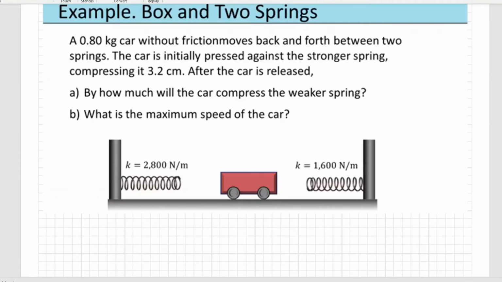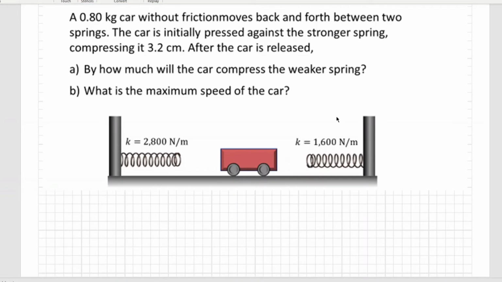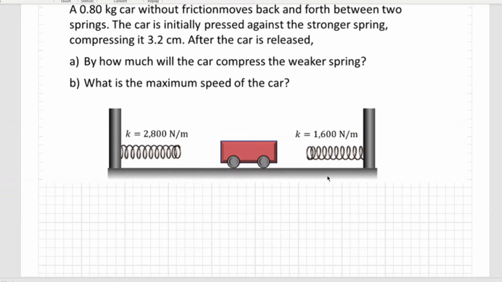For part B of this problem, we need to find the maximum speed of the car. So we need to choose an initial moment and a final moment. And the moment when the car is moving between the two springs without contact with any of them will be one of those times.